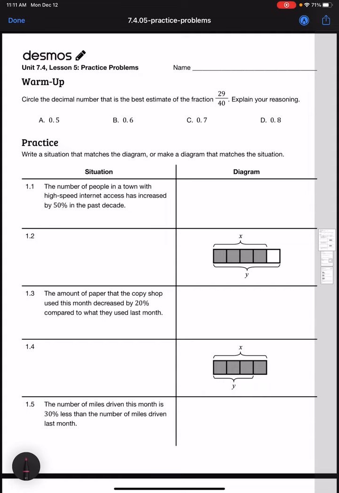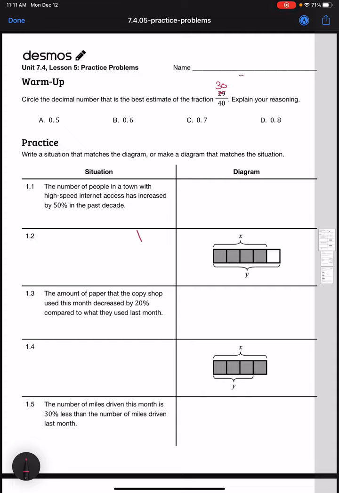It says circle the decimal number that is the best estimate of the fraction 29/40. Explain your reasoning. Well, since 29/40 is a little bit less than 30/40, I'm going to change that to 30/40.